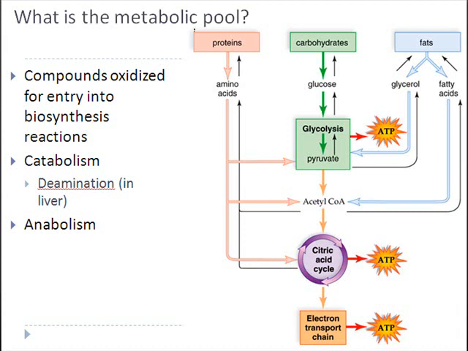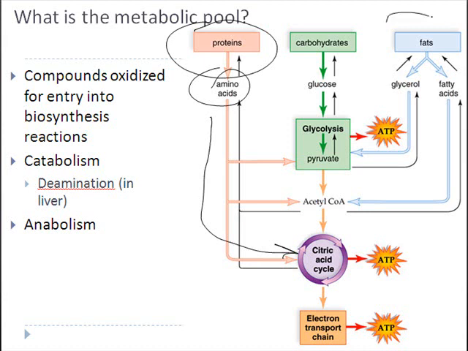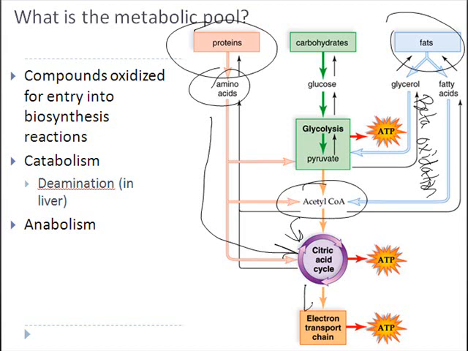So we can take proteins and break them down into their individual amino acids and alter them in such a way so that we can produce acetyl groups that can then enter into the citric acid cycle. We can also take fats and through a process called beta oxidation, we can convert fatty acids and glycerol into molecules of acetyl-CoA, and once we have acetyl-CoA, as you know, you can readily enter into the citric acid cycle and make ATP, and then make additional ATP in the electron transport chain.